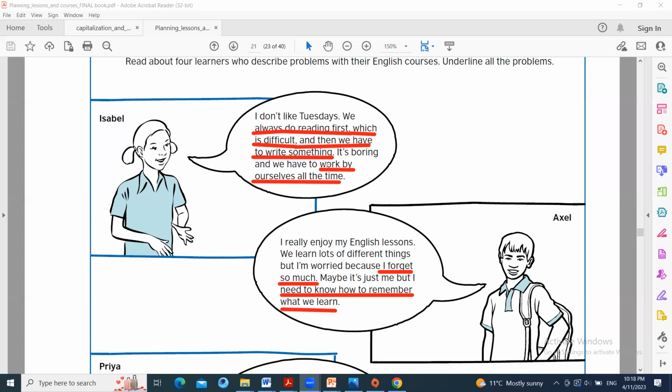So he will make some type of link between the previous lesson and the coming lesson, or the first lesson and the second lesson. And this thing is also important.